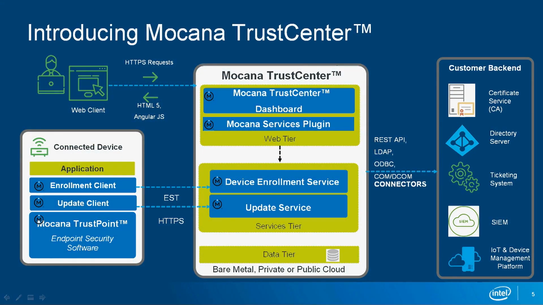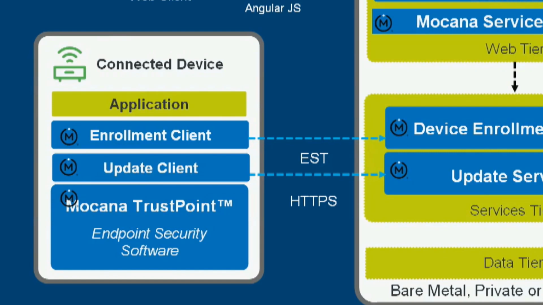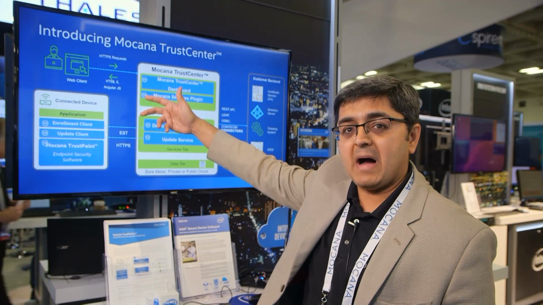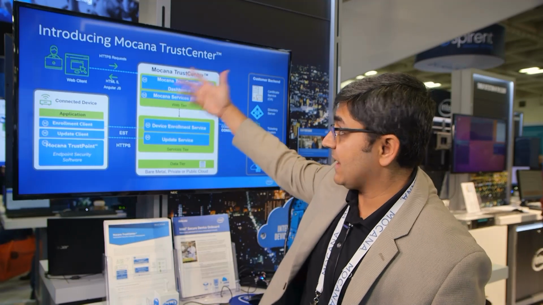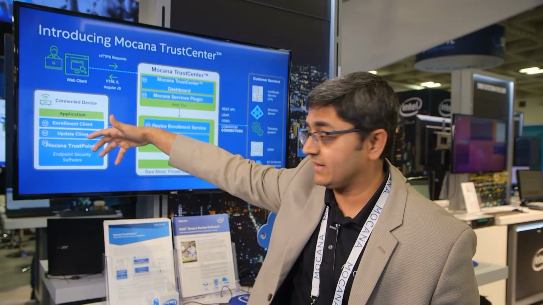So Mocana Trust Center platform consists of the device on which there are two clients, enrollment client and the update client. These two clients during the SDO flow are downloaded by the rendezvous server or the SDO server onto the device itself.